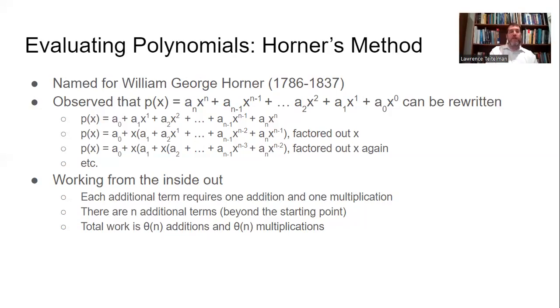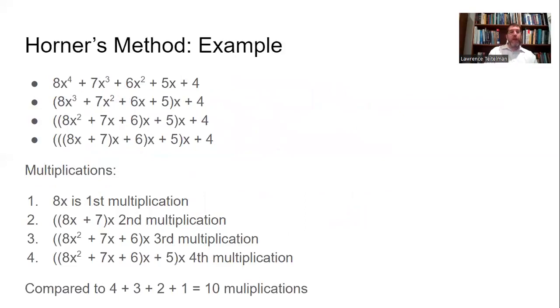It's not hard to do. Imagine you had a list of the coefficients. Here I have a worked out example. I want you to see the x's being factored out: here no x's are factored out, here one x is factored out, then another, and another, and you see the work being done.